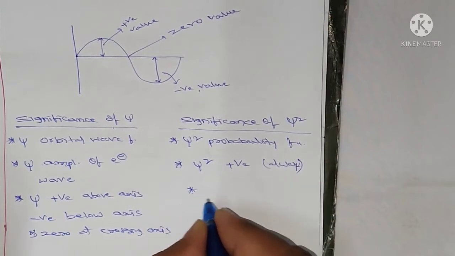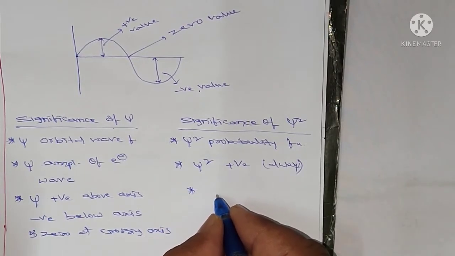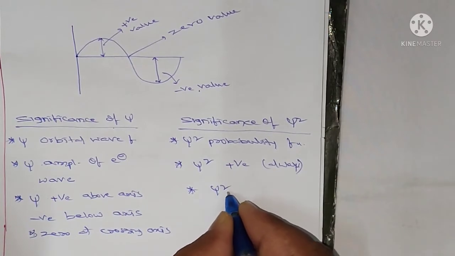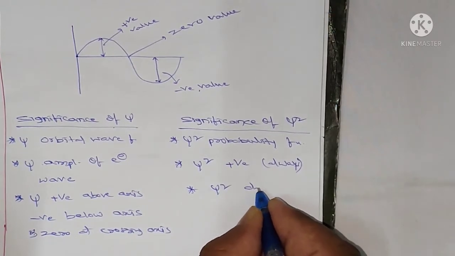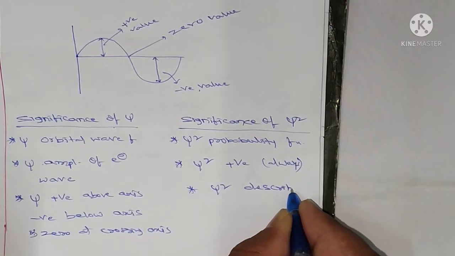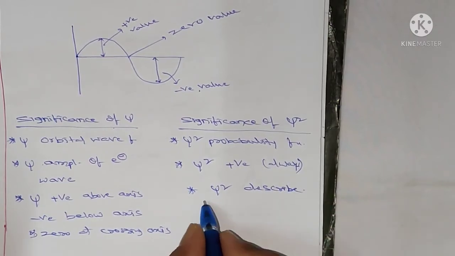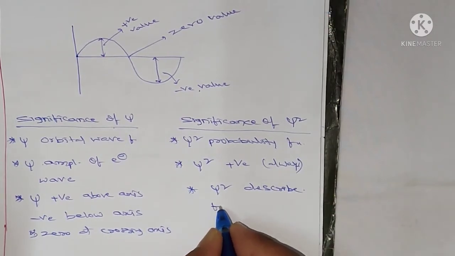And psi square describes the probability of finding the electron.